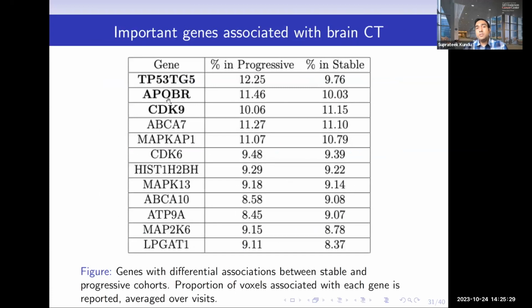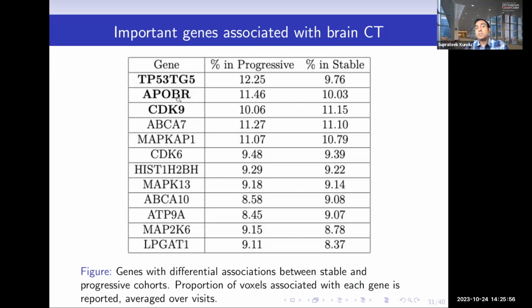Now, these 3 genes appear to be the most strongly associated with brain changes over time: the APBOR and the TP53 and the CDK9. The amount of the associations between the progressive and the stable cohorts were also slightly different, albeit not a lot.